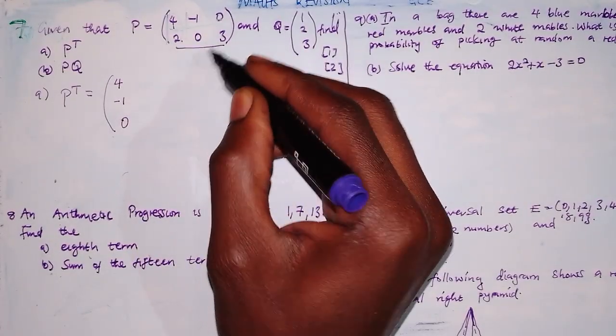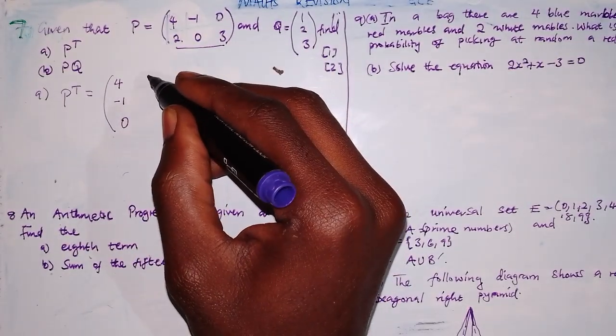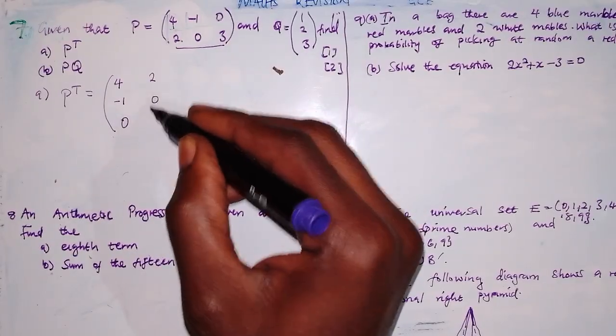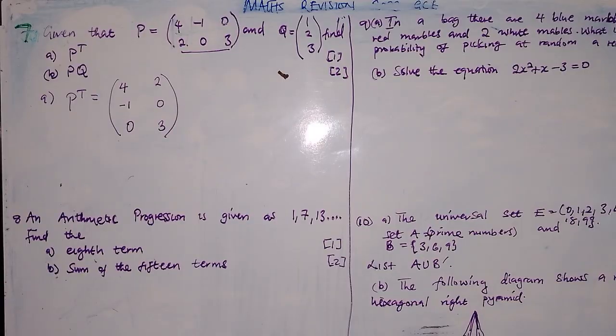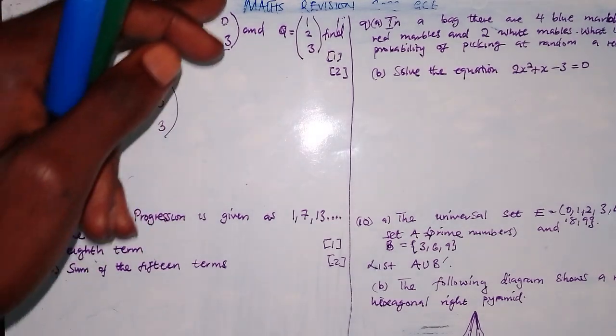Again, this row will become a column. So we have 2, 0, 3. Once you do it like this, meaning you have changed the rows, they have become columns, which means you have gotten your 1 mark.